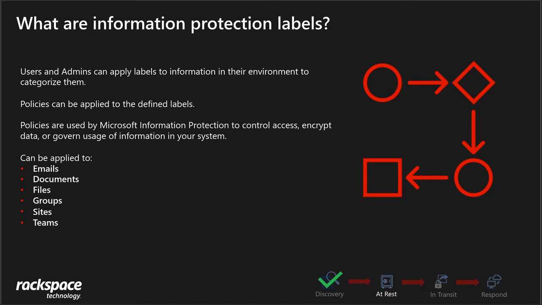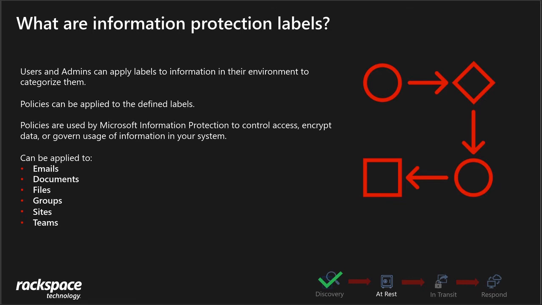Labels are defined for a set of information types, and they can do things like apply encryption in place, implement access management rules, or even do content marking, where you'll put a watermark onto a document.